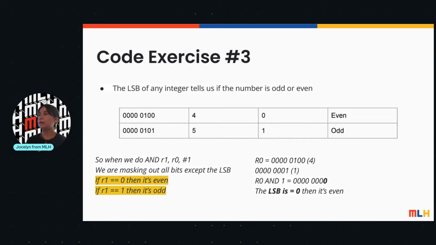Having performed that operation, it will determine what my last bit will be. In that case, my last bit is 0, and 0 means that number is even. So let's try to apply that logic into our assembly code.